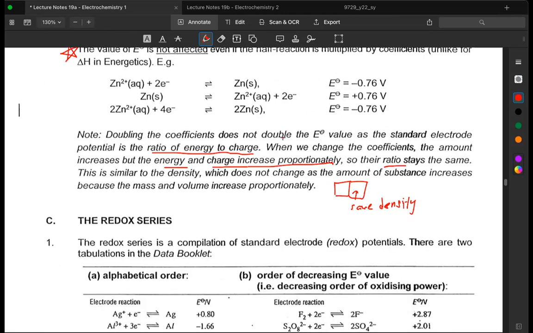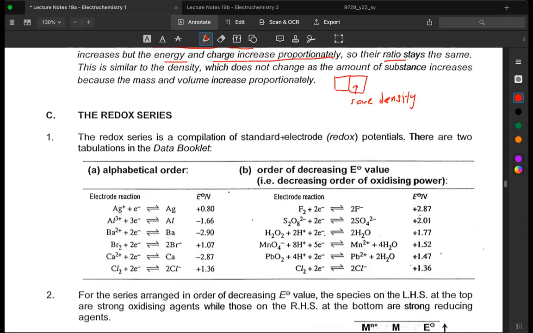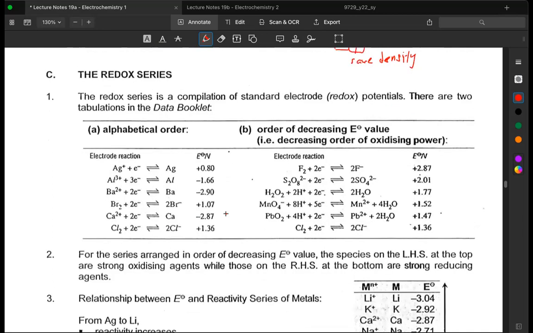Same thing. Now, for the redox series, I think I already went through the standard electropotential, how you can extract the value from the data booklet on the redox potentials. They are arranged in alphabetical order and also in order of decreasing E naught value.